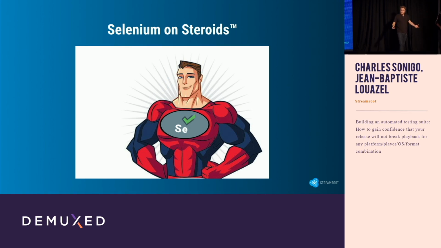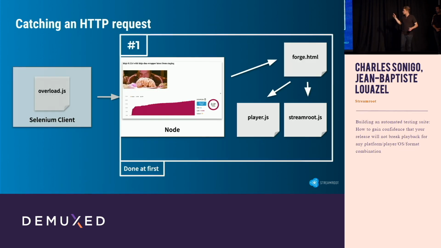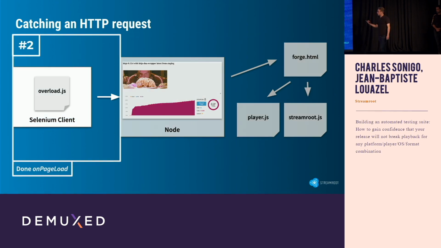So you're going to say, JB, just tell your client to do that at first. But we also have to consider that even if we inject it from the client at first, the page will be loaded before, which will make our overload potentially miss some requests. So let's try another approach here.